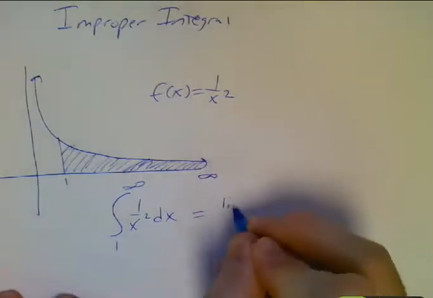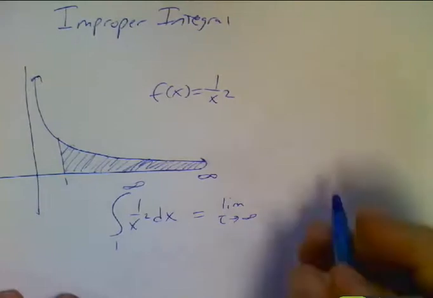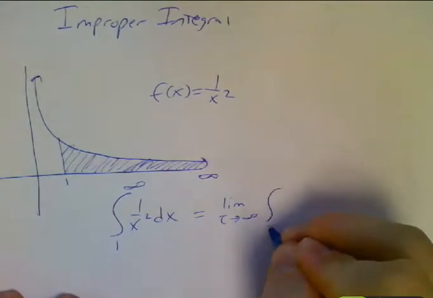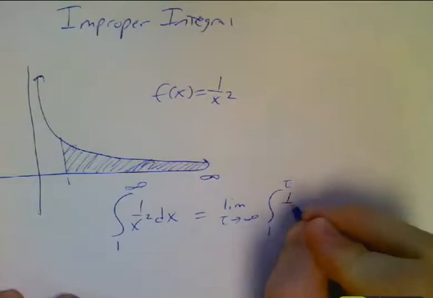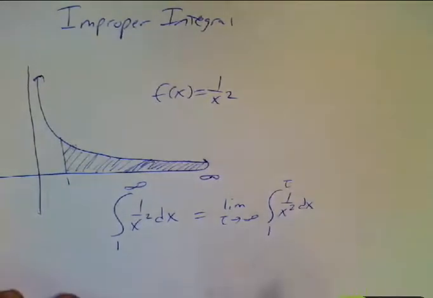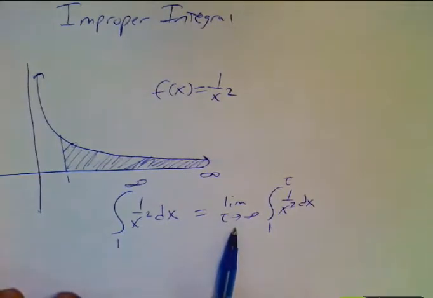So you would literally just take a limit, and they usually use the letter t, as t goes to infinity, and just basically substitute the t for infinity and apply everything we know about integrals to this integral, and just bring the limit along for a ride until we're ready to actually apply it.